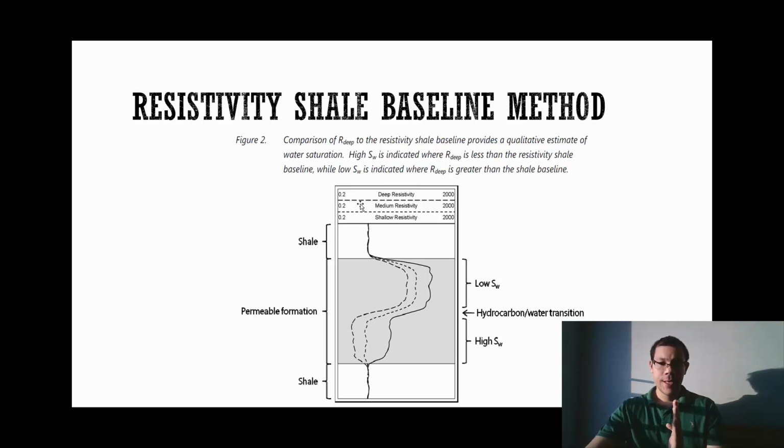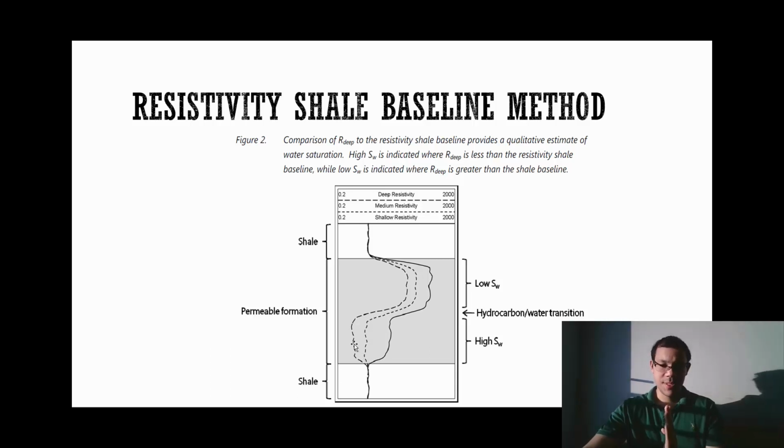In this case, as you can see on the header at the top of this track, the deep resistivity is the one with the longest dashed line. What we care about is that if the resistivity reads to the right, meaning higher values, higher resistivity, it's going to indicate that there might well be a high content of hydrocarbons.